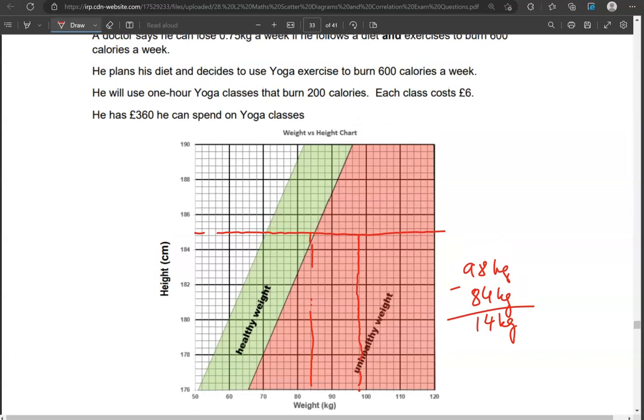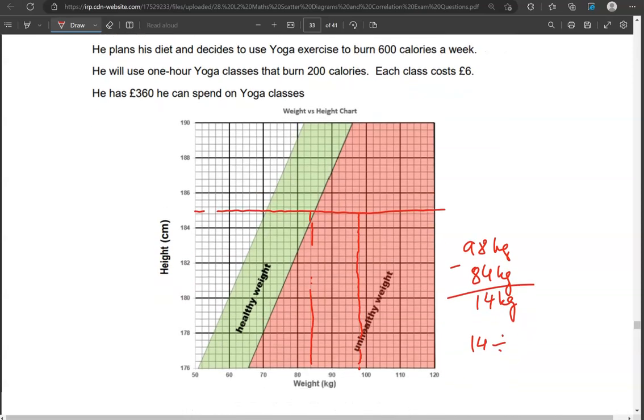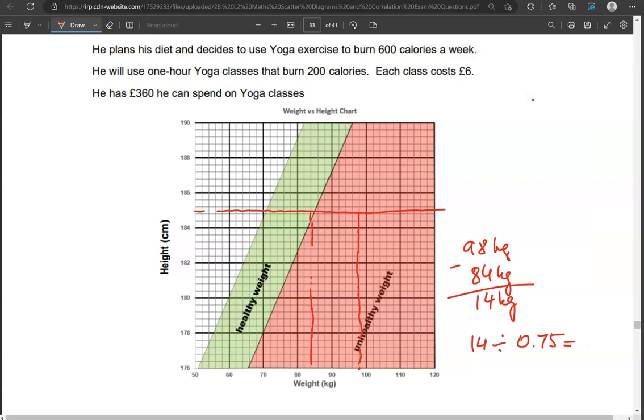So how many weeks is that? 14 divided by 0.75 gives us 18.67.